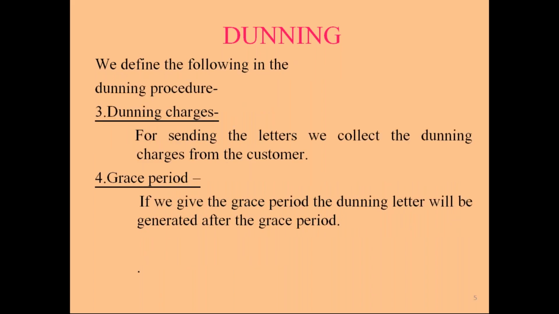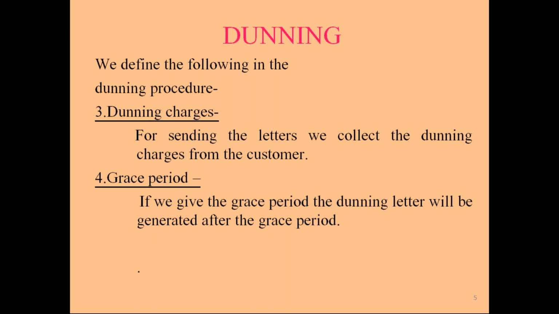Okay. Apart from dunning levels, we'll also specify the dunning intervals. Now what's a dunning interval? Dunning interval is the time gap between the dunning letters. Let us say I have generated a letter today. Second letter, after how many days would you like to generate? What time gap you want to give? Now there is no rule here. Once again, it differs from organization to organization.